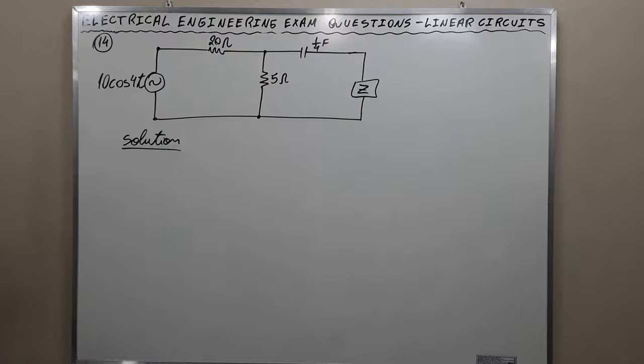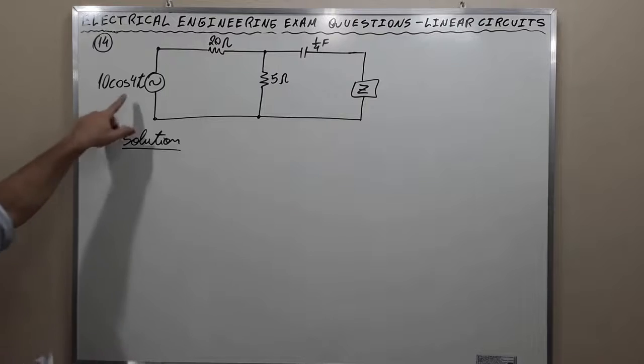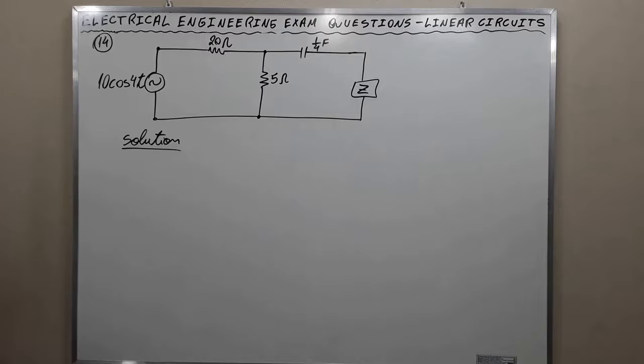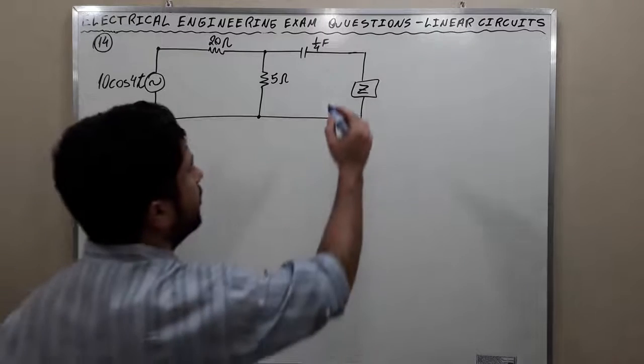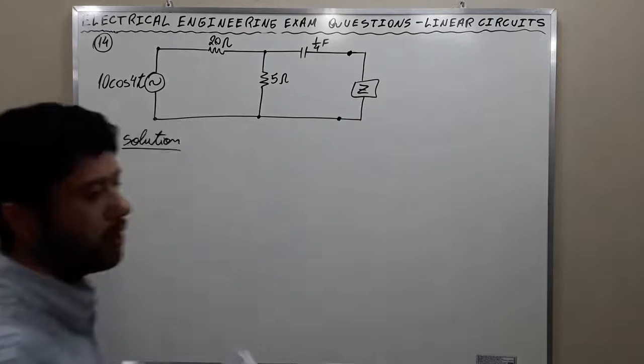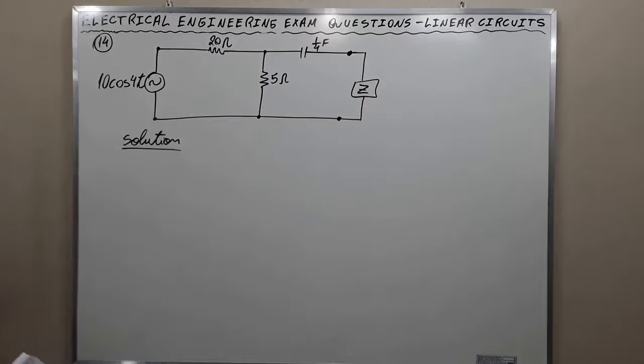To calculate the equivalent impedance, we set the voltage source at rest. A voltage source at rest is a short circuit. And we are going to open the circuit at these terminals here to calculate the equivalent impedance.